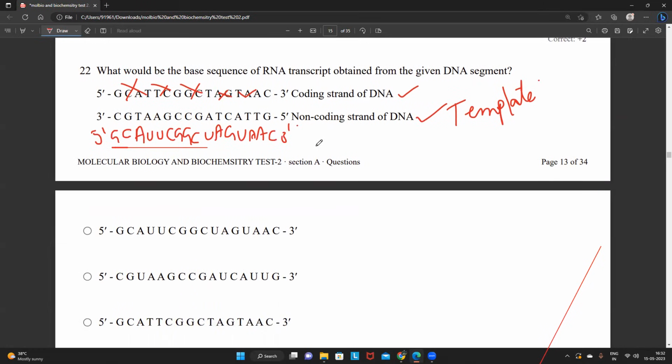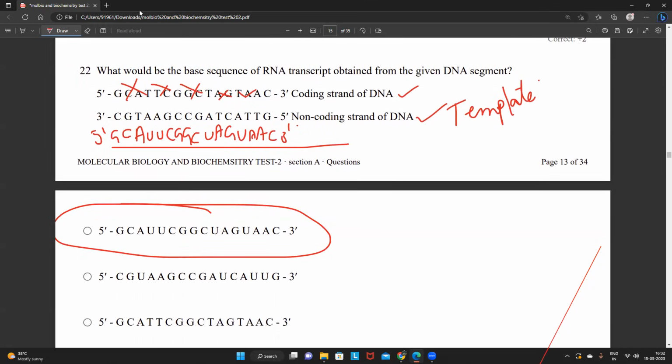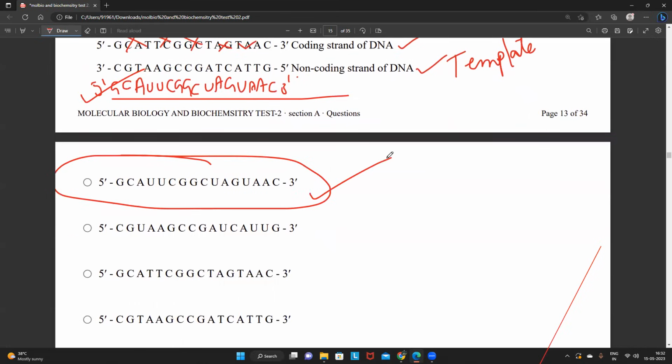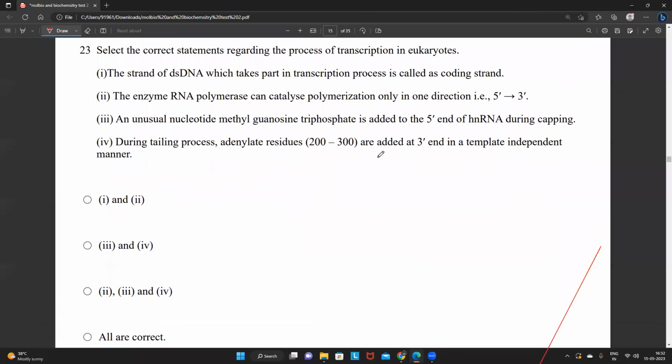Now you only see where it is located. So this will be the answer. Easily you can interpret the question. Very straightforward, very direct question. Hence the correct answer is option 1. Hope everyone is getting it correctly. Ask me if you don't understand.